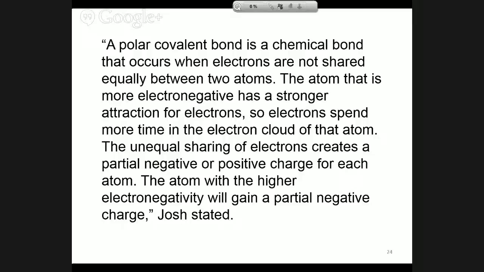And here's where that electronegativity really comes into effect. When the pair of electrons are shared, the one with the higher electronegativity value will attract that electron more to it than the other one in the pair, and therefore it'll have a partial negative charge.